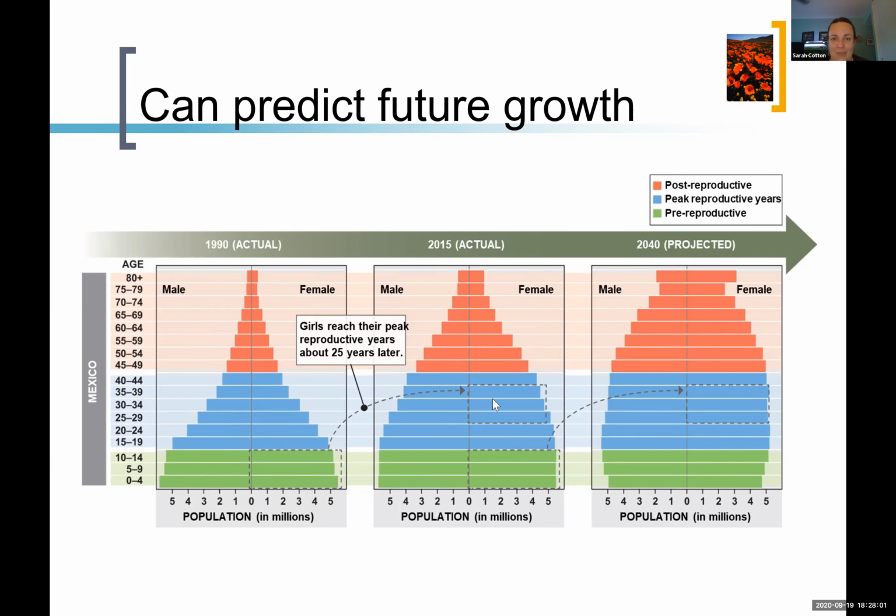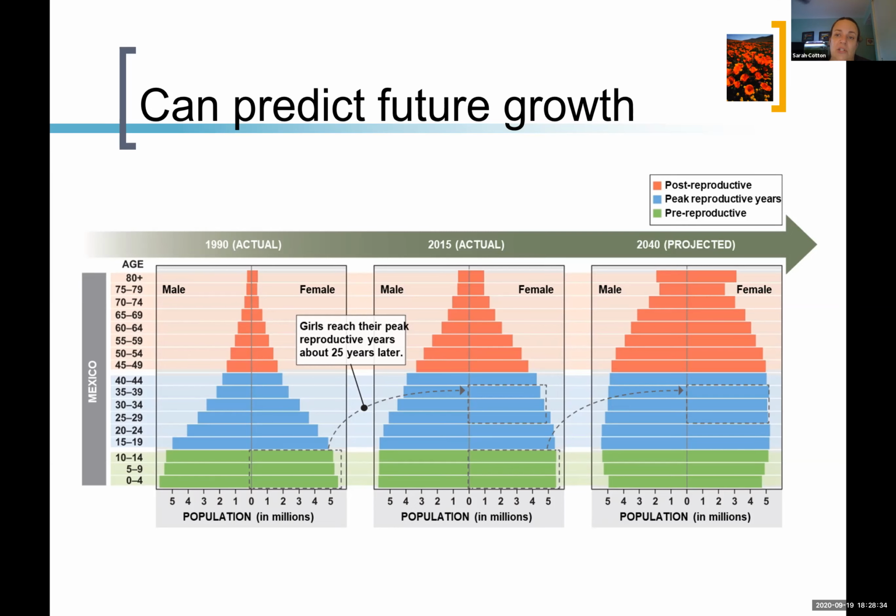But by the time they're up here, they are making babies. So these bars are going to get wider. And then another 25 years later, that's still going to be wide. So we can predict population growth by looking at the proportions of how wide the bars are in the different age groupings.